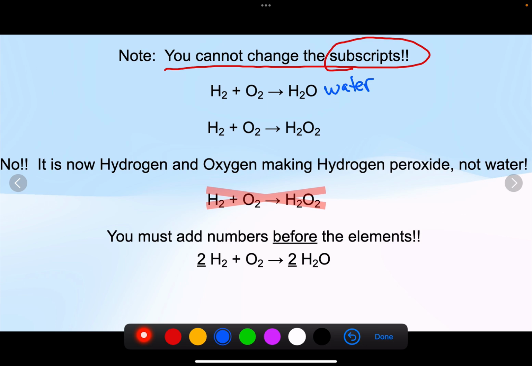If you do that, that's hydrogen peroxide, okay? And that is not the delicious water that your body needs, so don't be drinking that. So you cannot add subscripts. You can only add the numbers before the formulas. In the worksheet I've given you, I'll usually put a little blank in front of the formulas. Those are where you're going to add your numbers, okay?